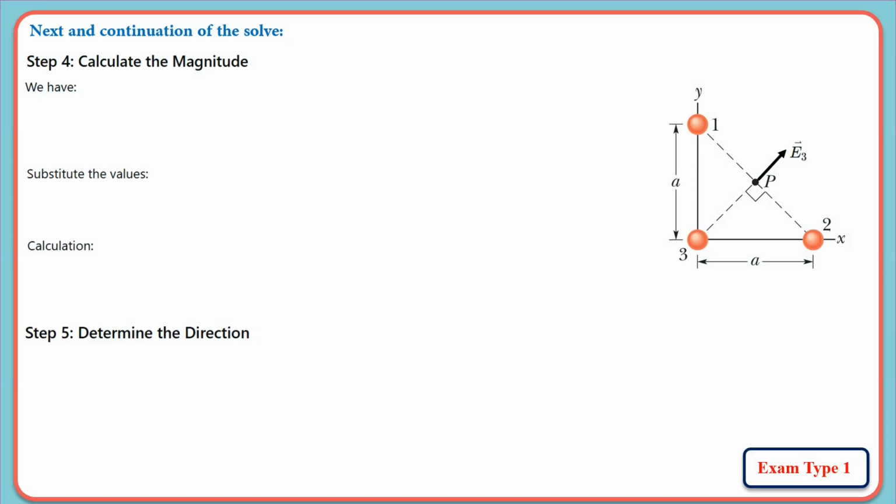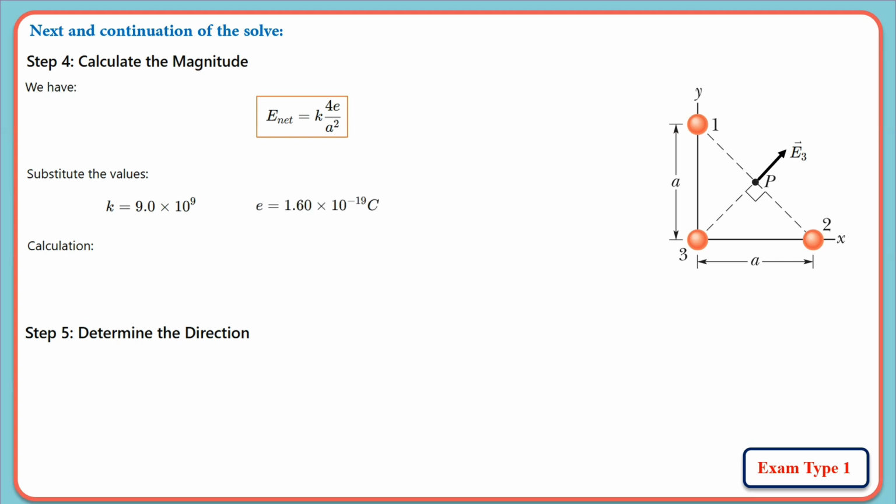Now let's calculate the numerical value of the net electric field. We previously obtained E net equals 4Ke divided by a squared. Now we substitute the known values. The Coulomb constant K equals 9 times 10 to the power 9.